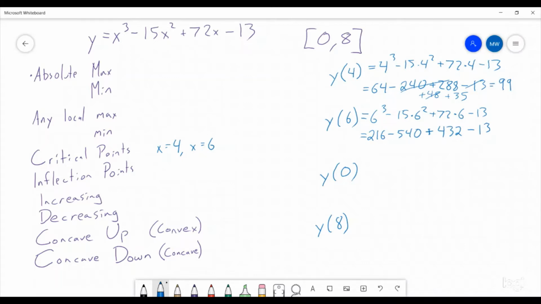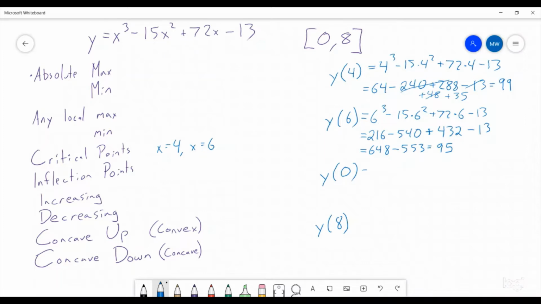So let's see, adding all of those things up together, 216 plus 432 is 648, and then minus 553, which is 95. Yes, that is 95. Okay, so there we go.